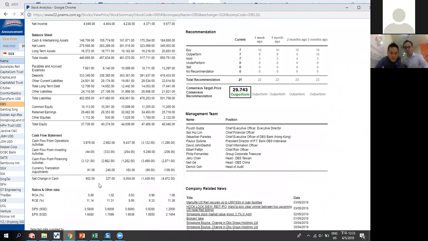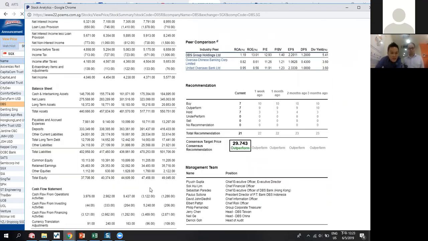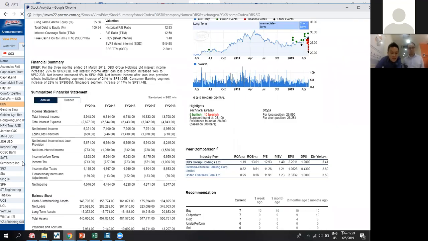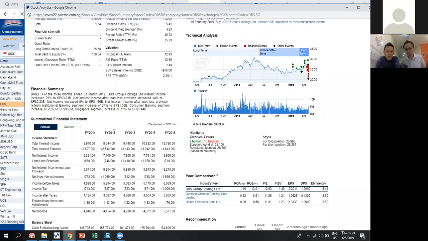You can see the dividend per share for the last 5 years. Okay, 5 years, not 10.